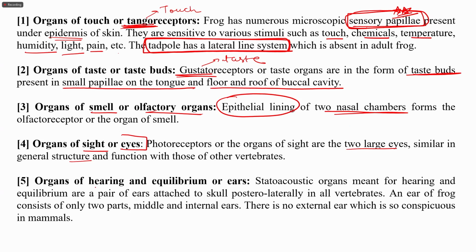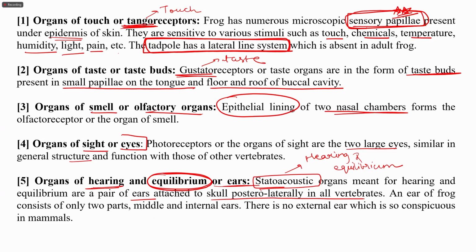Then we have the organ of hearing. One very important thing is that the ear not only acts as an organ of hearing, but also helps in maintaining equilibrium. So statoacoustic organs mean organs for hearing and equilibrium. They are a pair of ears which are attached to the skull posterolaterally in all vertebrates.